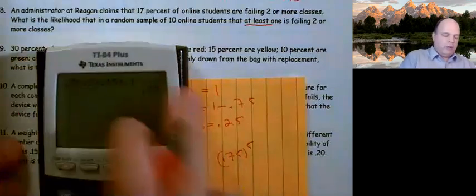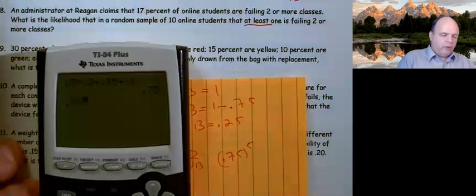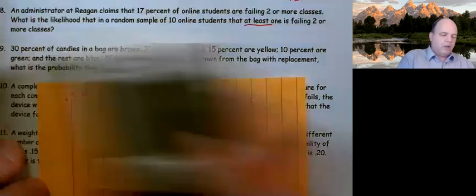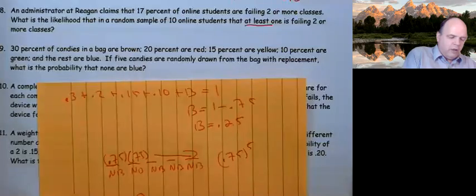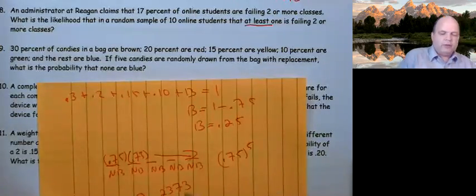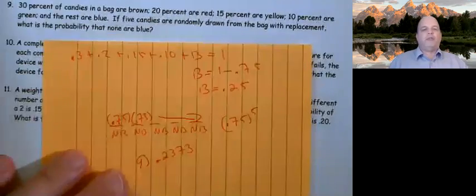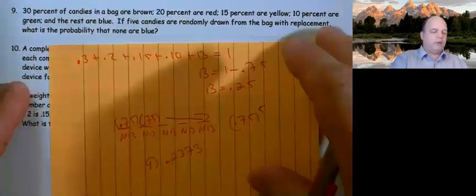So let's try that out. 0.75 to the 5th power is 0.2373. All right. So the answer to number 9 is 0.2373.